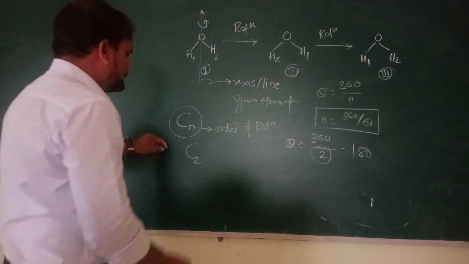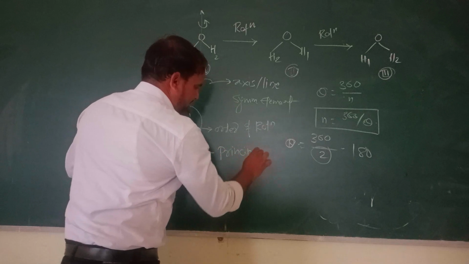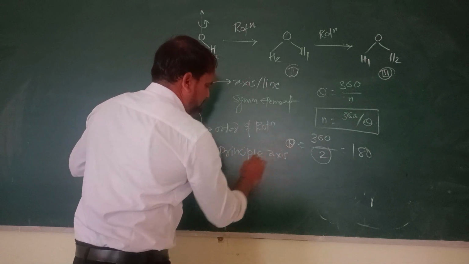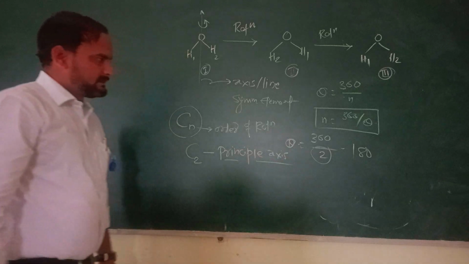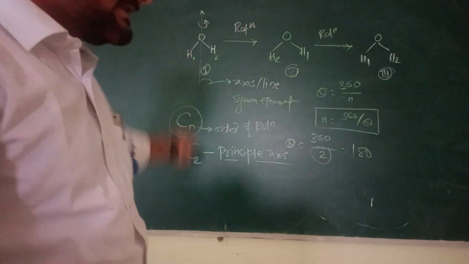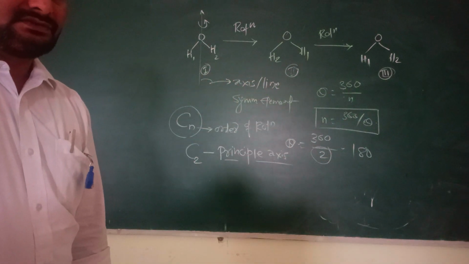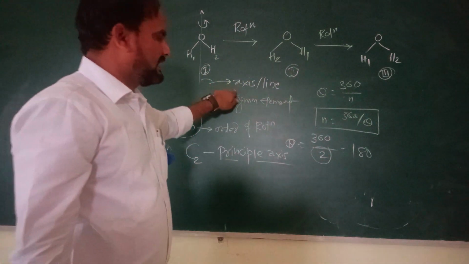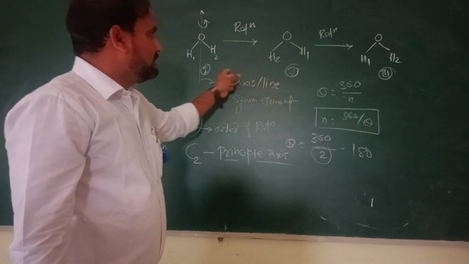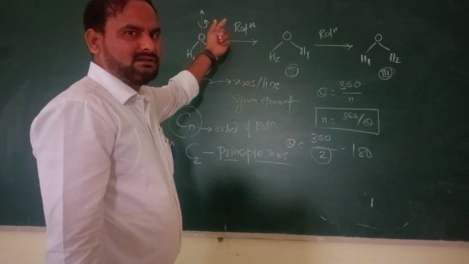That means C2 is said to be the principal axis. Using that axis, I have done the rotation operation. So the symmetry element is an axis or a line, and using that symmetry element, I will do the rotation.